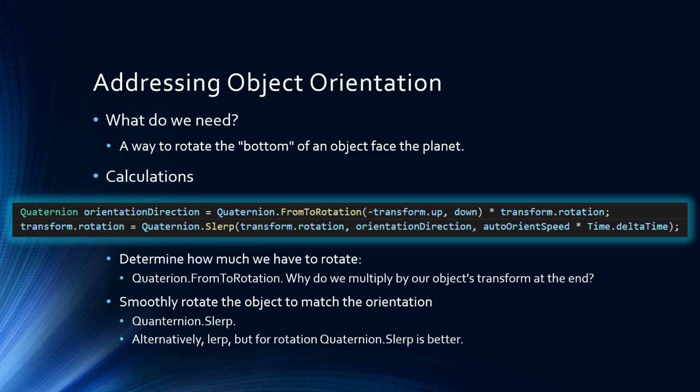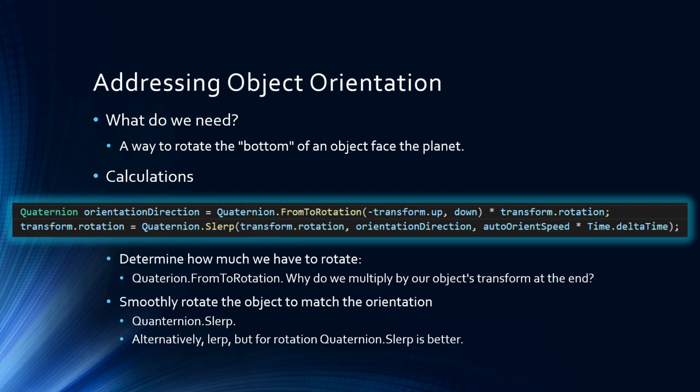So let's talk about calculations for a minute. We're going to use a Quaternion orientation. And so what you'll see in the code that I'm going to show you once we demonstrate it is we set a variable Quaternion orientation direction. So what I'm saying is, which way do I want my object to face? And how I'm calculating that is we are going to get Quaternion.FromToRotation.